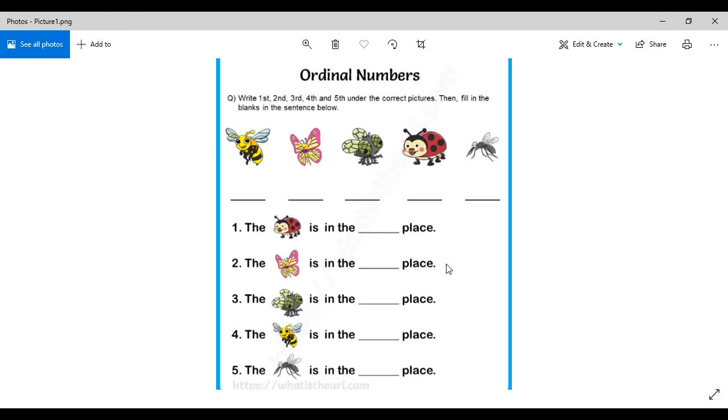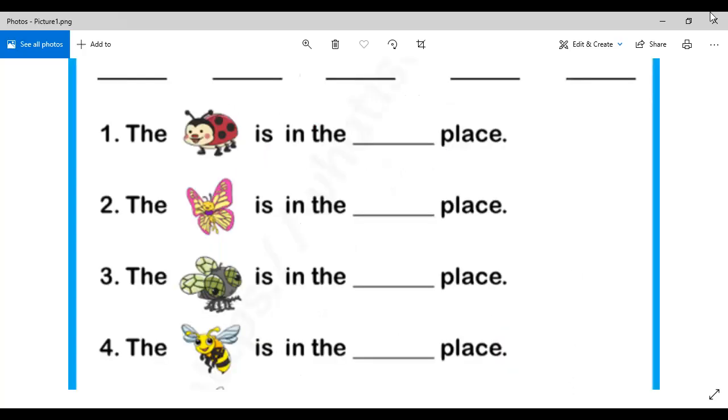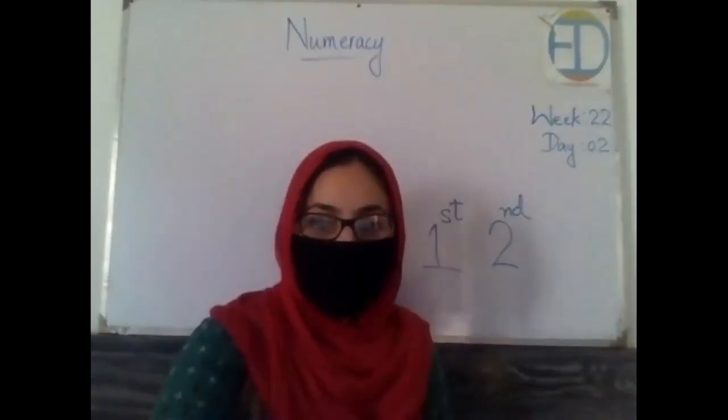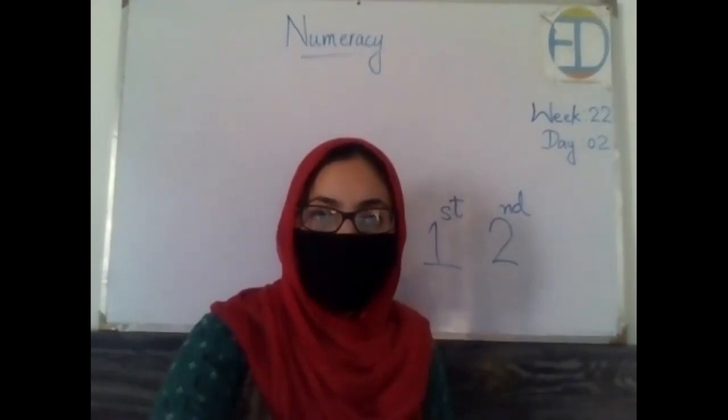The honeybee is on first place. Excellent. And the last, the mosquito, is on fifth place. Very good. So see, through this we have told about their position, right? On what position they are. So ordinal number names basically help us to talk about the position of something. Okay.